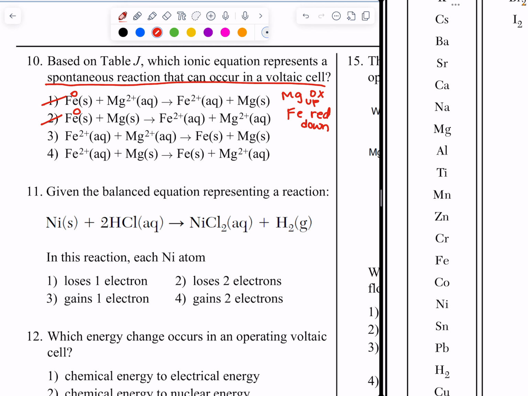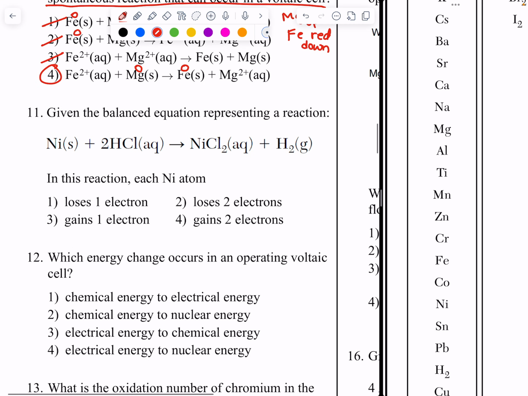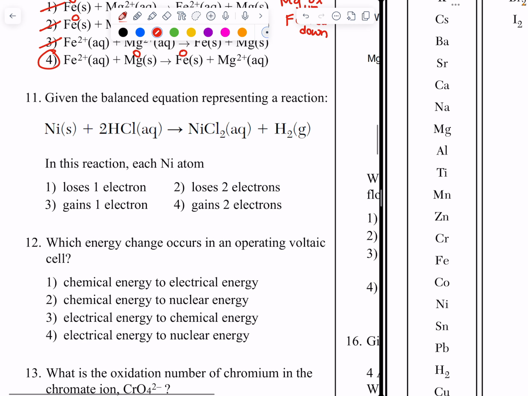That's going down, right? Again, we don't need 2 that are going down. It is choice 4. We can double check that. Fe +2 to Fe0. That's going down, and Mg0 to Mg +2, that's going up. Just like we said. Alright, that was a lot of work for 1.